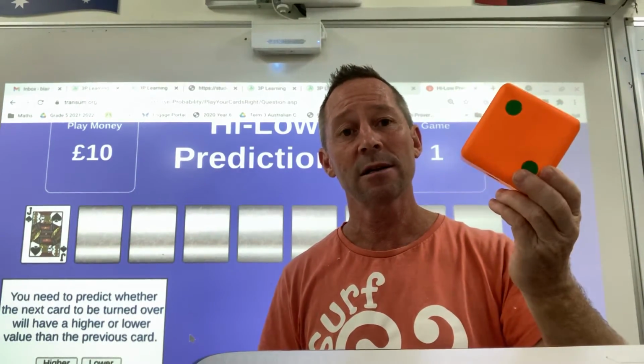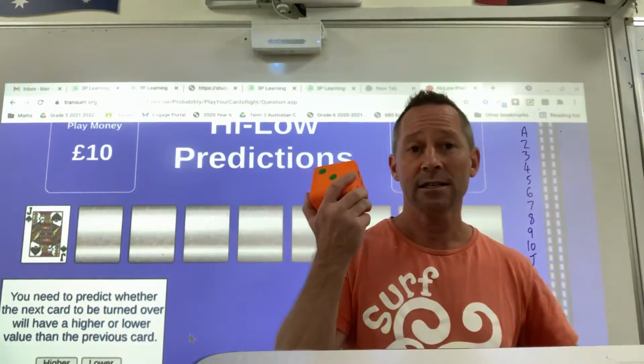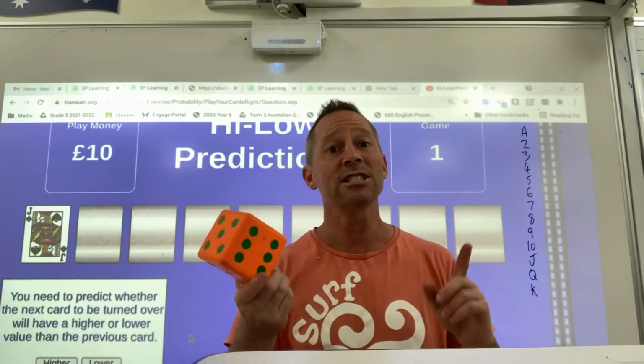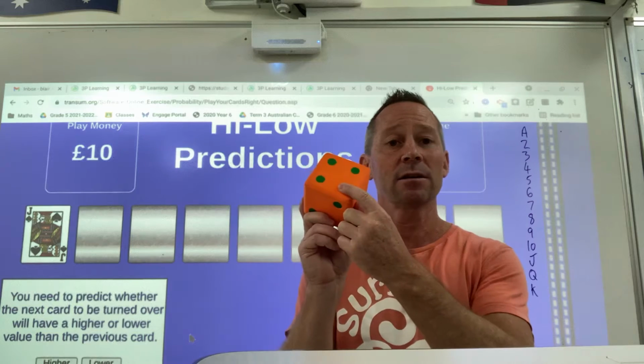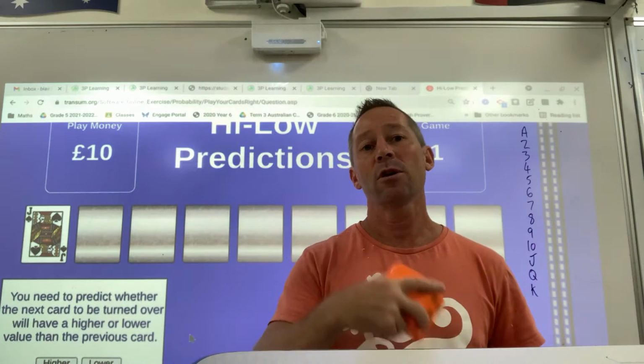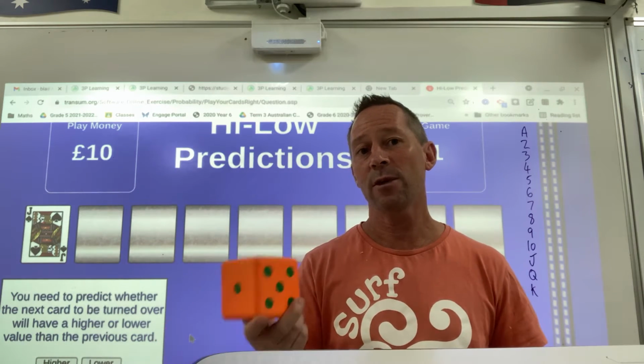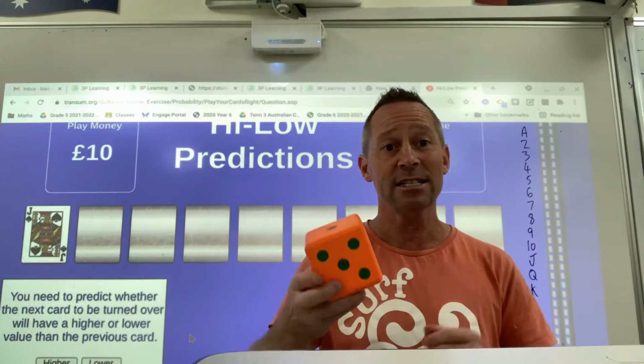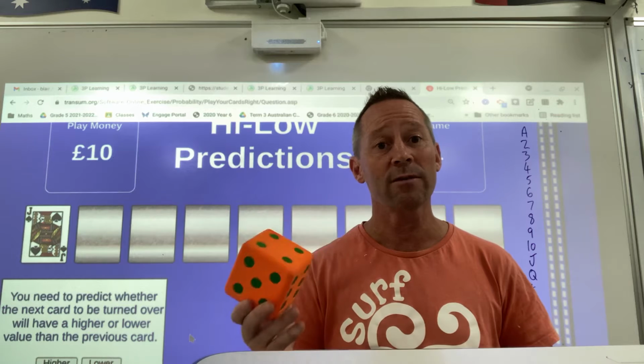Same with the dice. 6 sides on this one. If I rolled this 1 time, theoretically, I have 1 chance out of 6 of it landing on a 4. If I rolled it 6 times, theoretically, it should land on a 1 at some stage, a 2, a 3, a 4, a 5, and a 6.